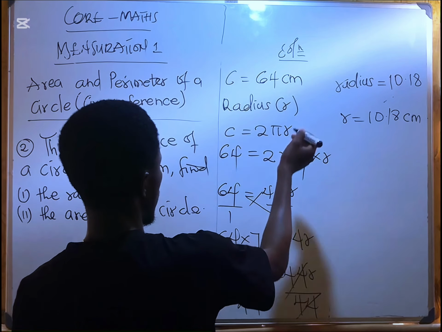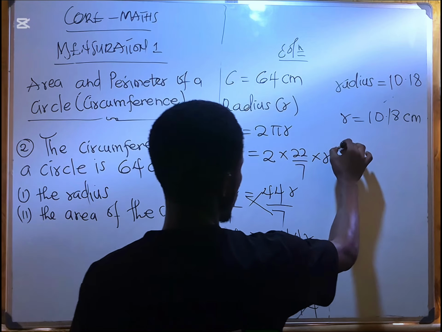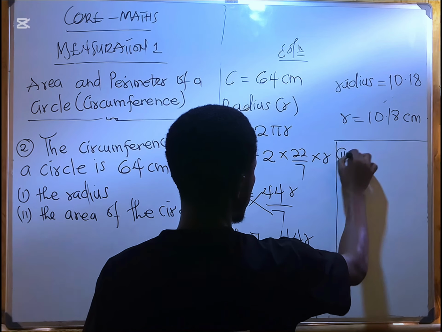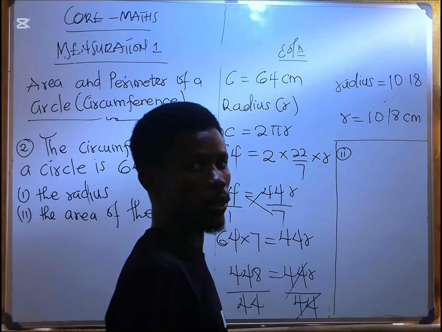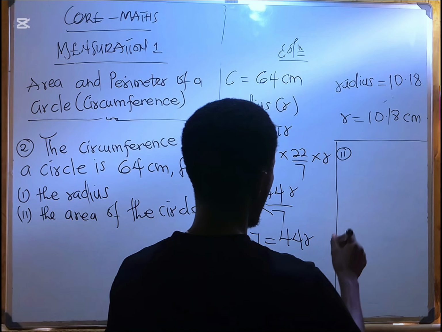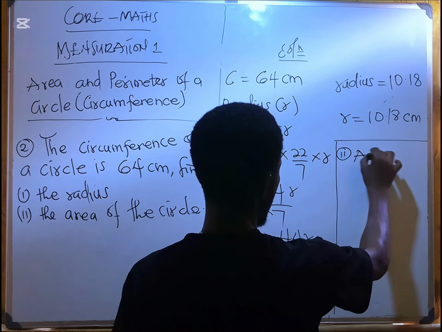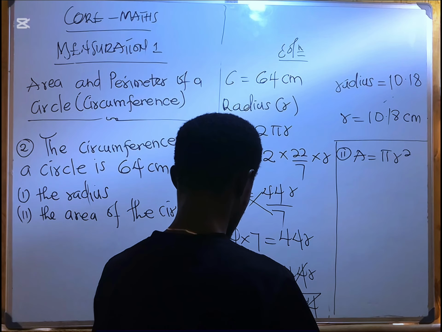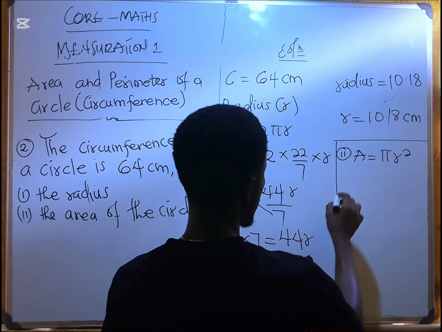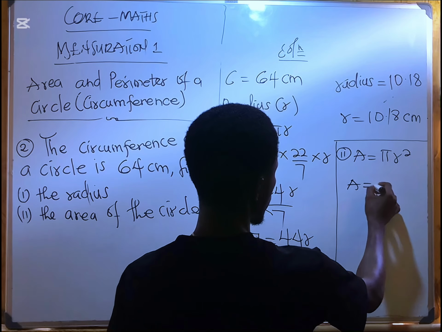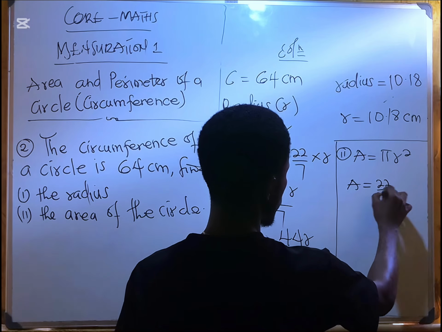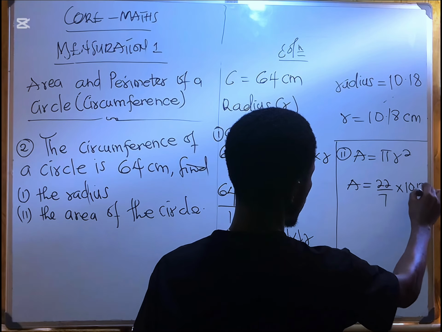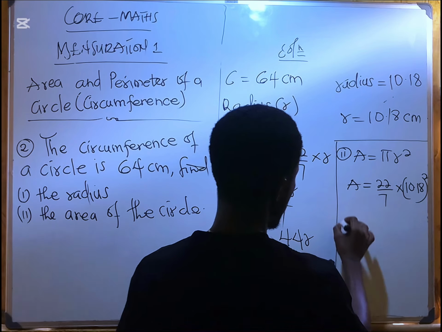Now that you are done with that, we have to find the area of the circle, which is part (ii). Let's look at how to find the area of the circle. The area is given as pi r squared. Is that okay? So area is equal to pi, which is 22 over 7, times 10.18 squared.